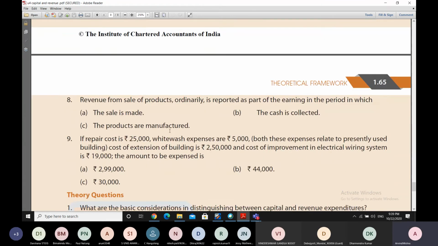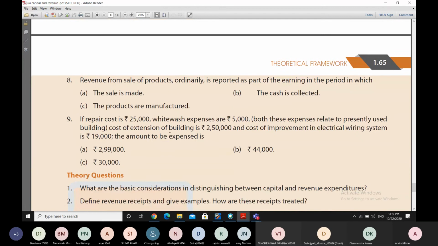Now we go to question number 8. The revenue from the sale of products ordinarily is reported as part of the earning in the period in which the sale is made.